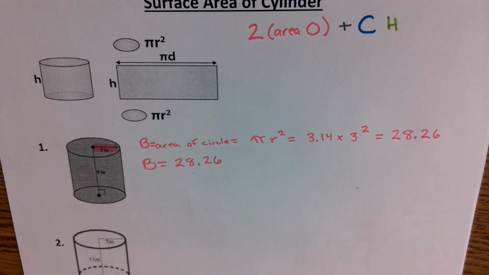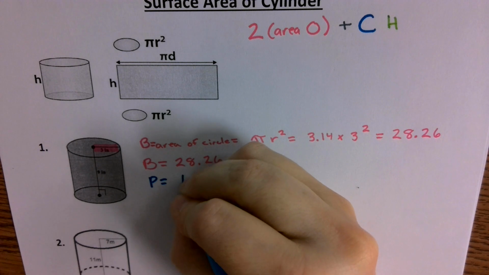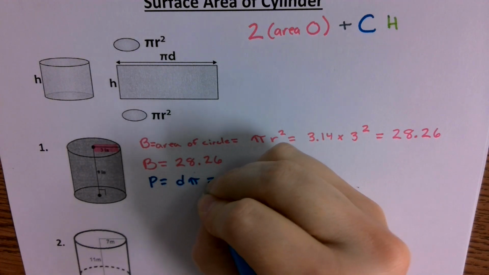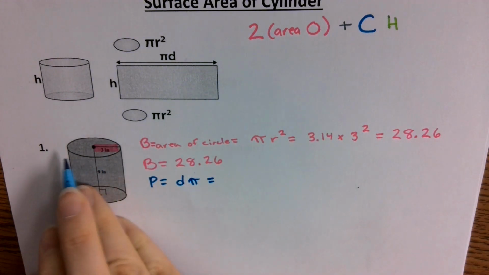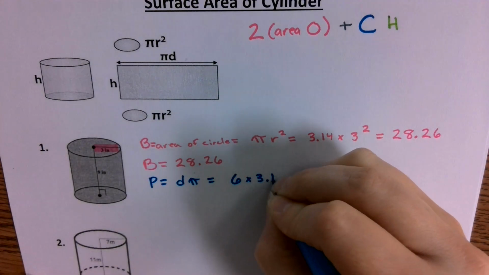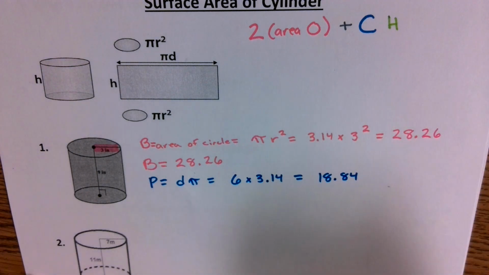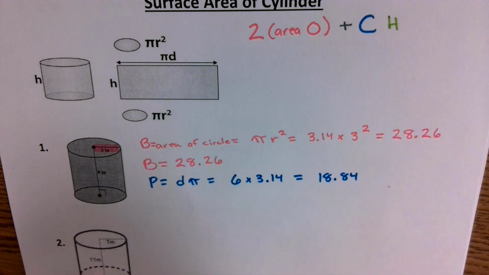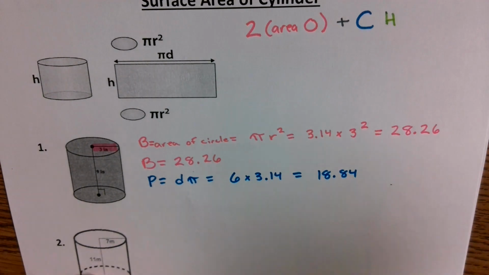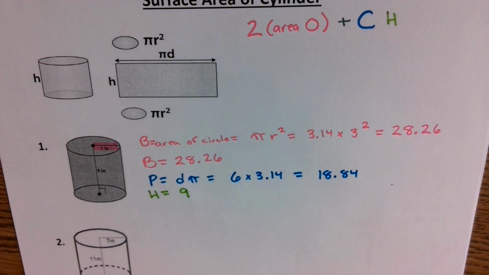Okay, the perimeter is just our circumference formula. So the perimeter is going to be diameter times pi. The diameter is 6, and we're going to multiply that by 3.14. That's going to come out to 18.84. Okay, and then the height of the cylinder happens to just be the 9. So then we're going to plug it into our standard formula.